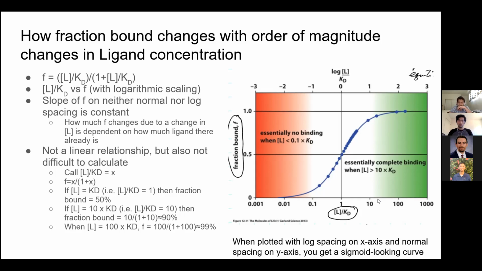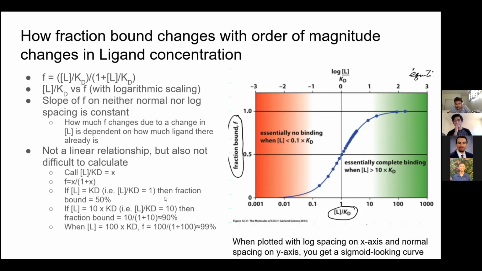Note that it goes 1, 10, 100, and there's equal spacing between 1 and 10 as between 10 and 100. As you can see, the slope of f with respect to x is not constant. That can make it difficult to state exact changes, but you can calculate it pretty easily.